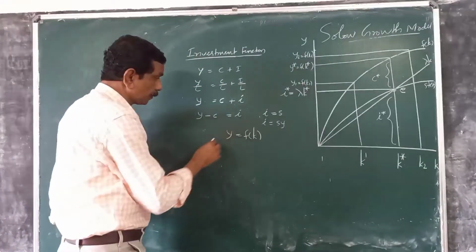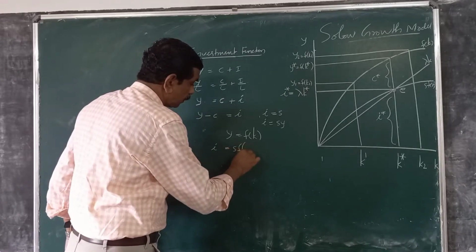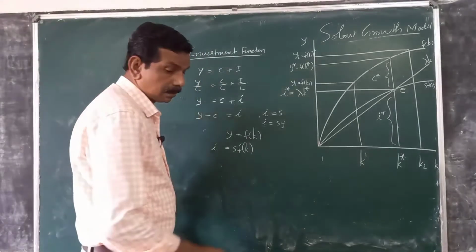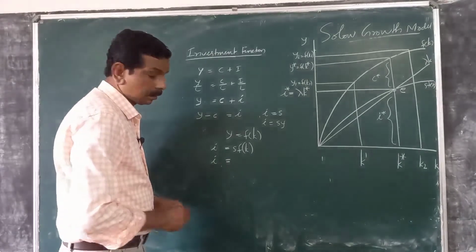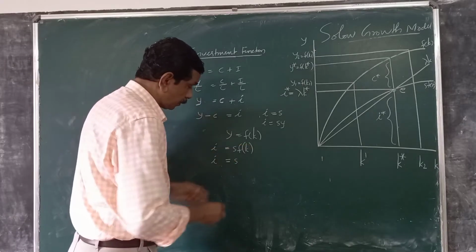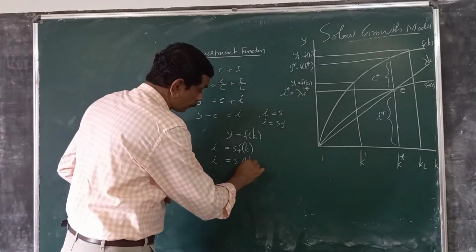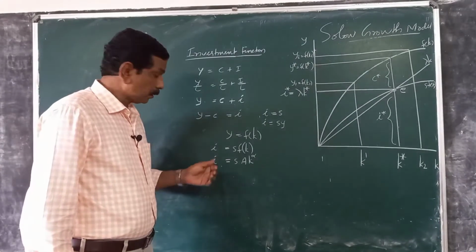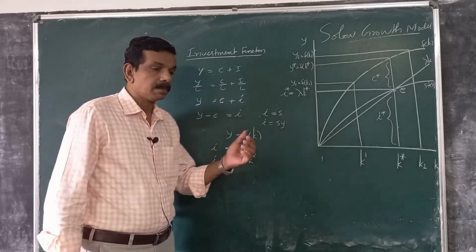So, substituting, I is equal to S into f of k, because Y is equal to f of k. Using the Cobb-Douglas production function, Y is equal to A k raised to alpha, so I is equal to S into A k raised to alpha. All this in per worker terms.